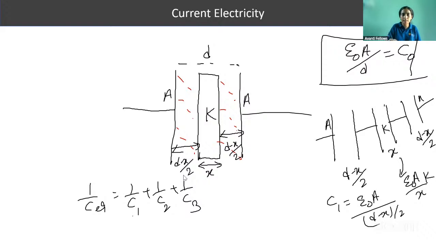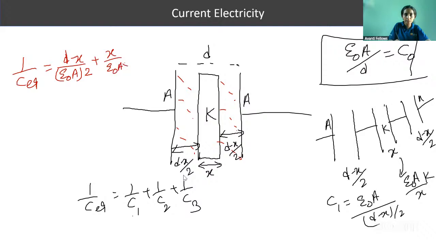If you add them, let's do one thing: 1 by C equivalent, what will you write? 1 by C1 will be 2 into D minus X by 2 over epsilon naught A, plus X by epsilon naught A into K, plus D minus X by epsilon naught A into 2.